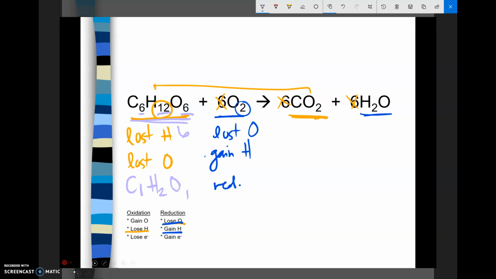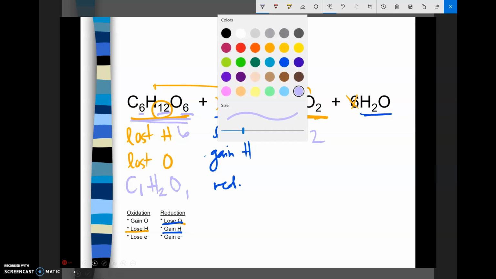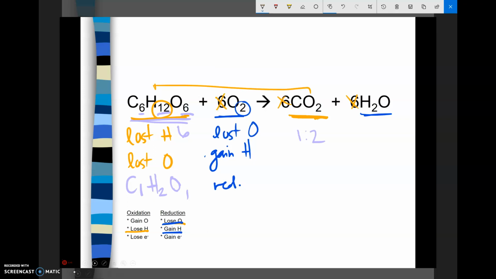When we compare this to our carbon dioxide over here, for every 1 carbon, we get 2 oxygen, because again, we're not looking at the coefficients, we're just looking at the amount. So now let's compare what's happening. If we compare this, now we have 2 hydrogen. There's nothing over here, so we have still lost hydrogen.